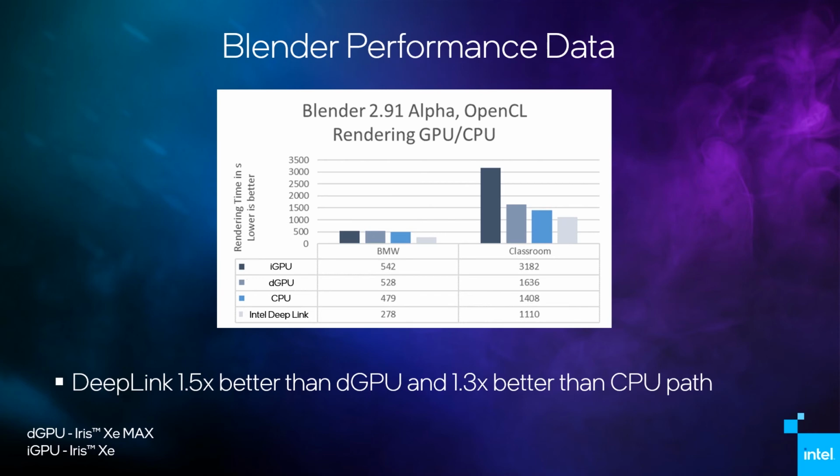But the combination of Intel Deep Link technology, taking advantage of the integrated and discrete GPUs, results in higher performance. You can see the time in seconds for Intel Deep Link compared to the other processors individually for the classic BMW scene and the classroom scene.